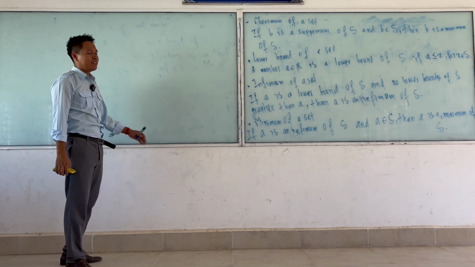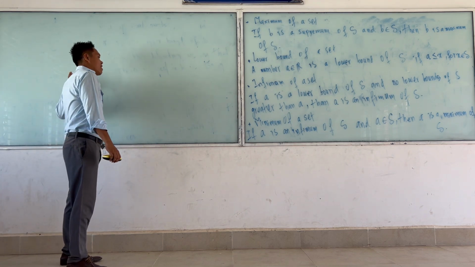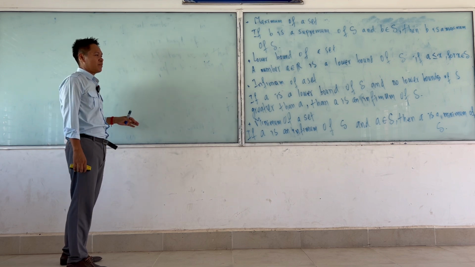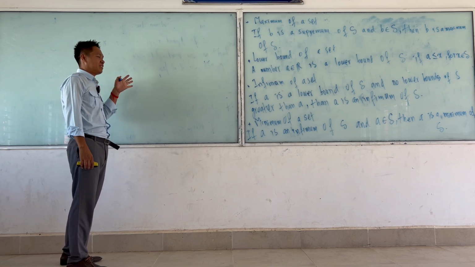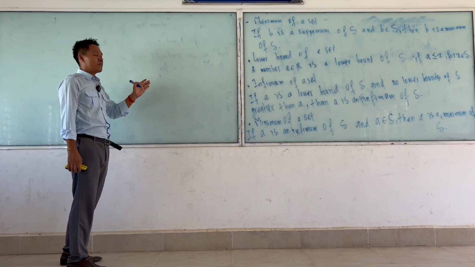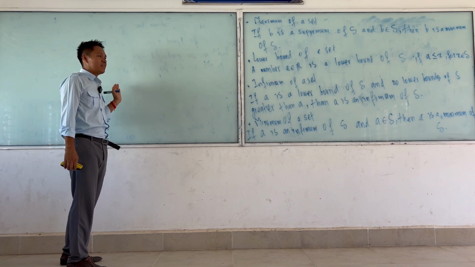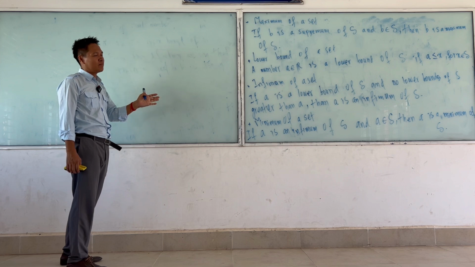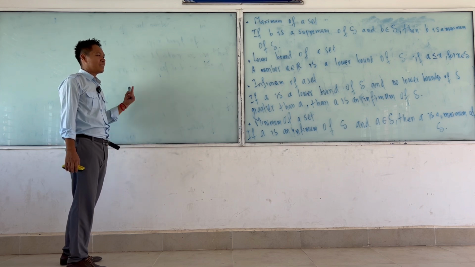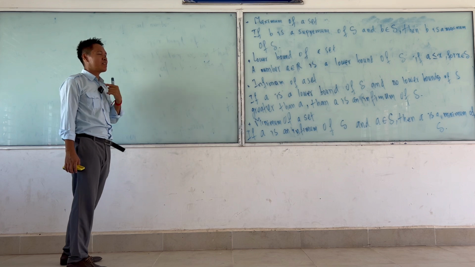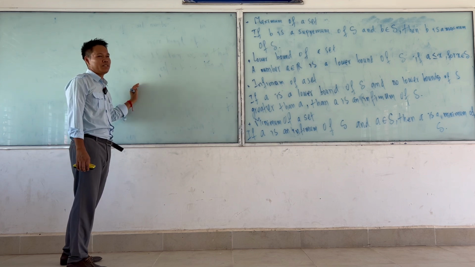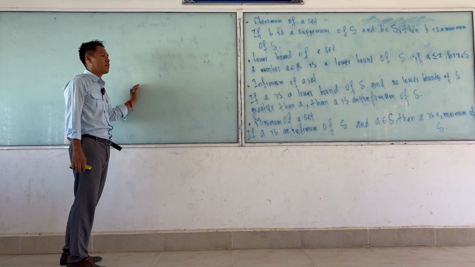To say a set is bounded, it has to be bounded below and bounded above. Some sets are bounded below but not bounded above, so we can only say bounded below.